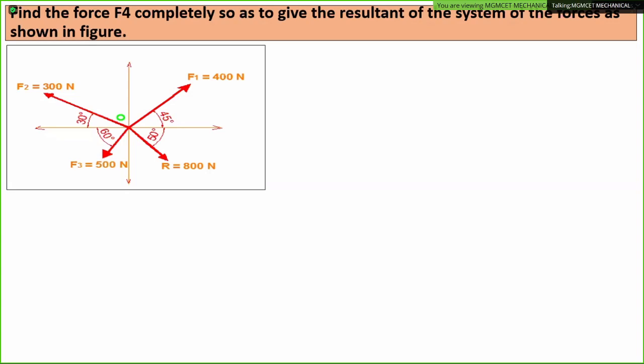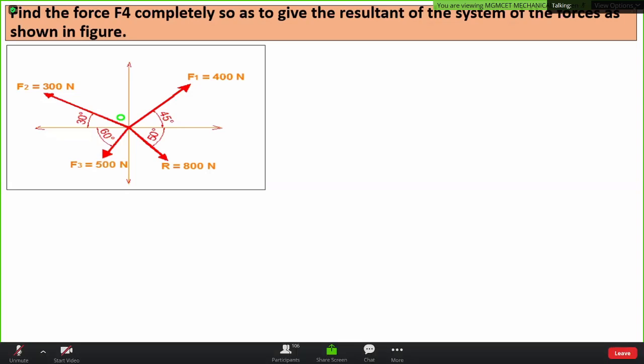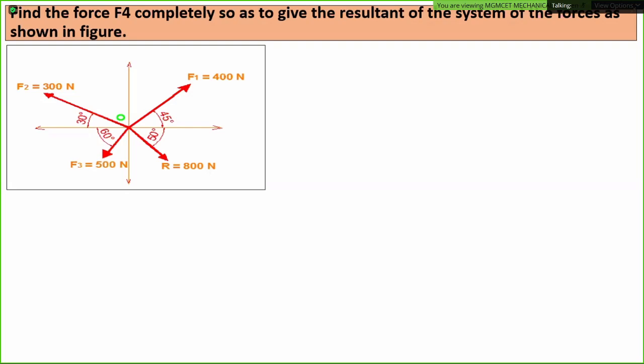But out of them, one is the resultant. How many forces are there? 3. Right. He is asking me to add one force, such that the resultant will be 800 Newton as shown in figure. What resultant is given? 800 Newton.